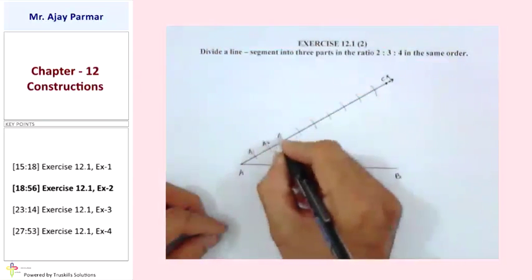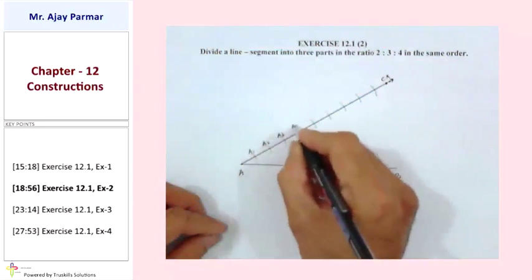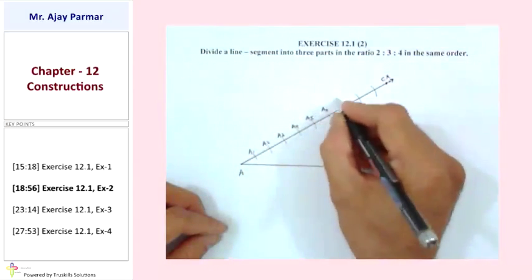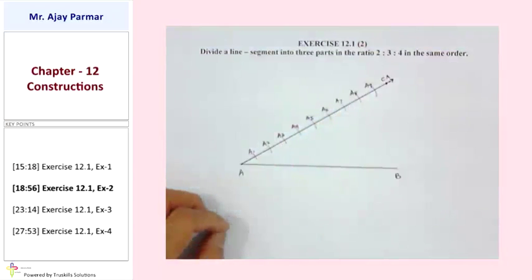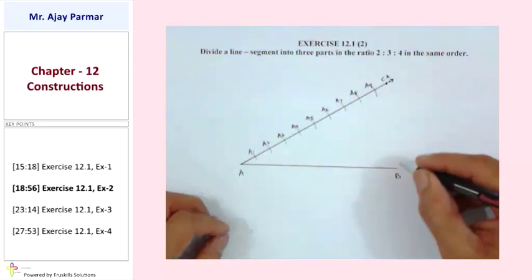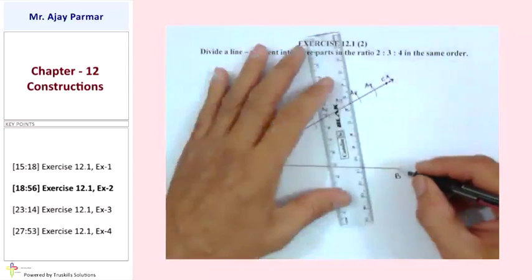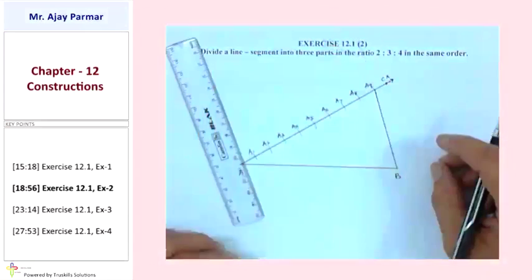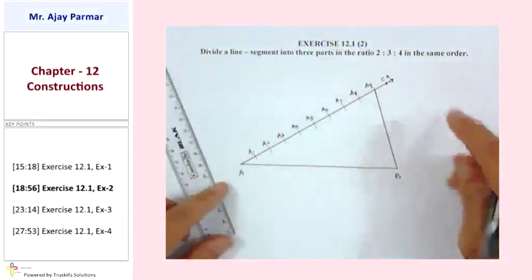You know how to label them, starting from A1 and reaching right up to A9. What is to be drawn? Yes, that is A9 to be joined with B, that is line segment A9B. Now another line segment 4.